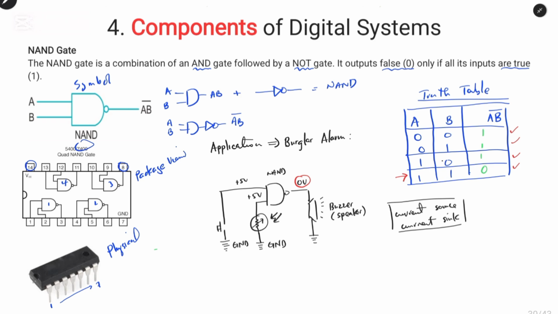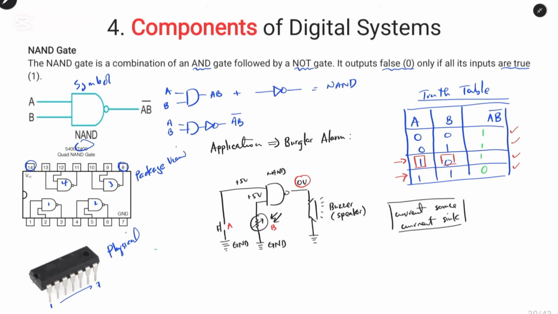What will happen if we want to achieve this state? We can say this is input A and input B, and we want the buzzer to go on when one of these conditions is true. For this case, we want input A to have logic 1 and input B to have logic 0.